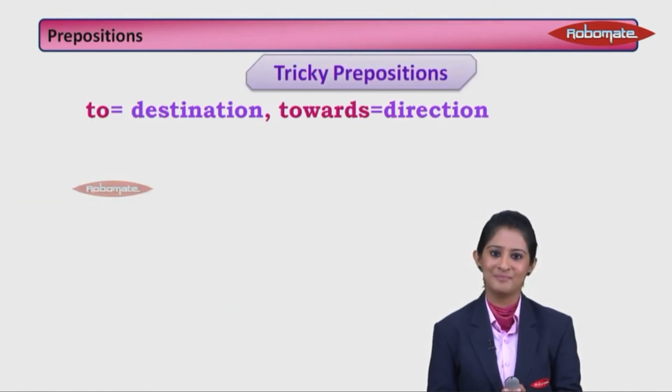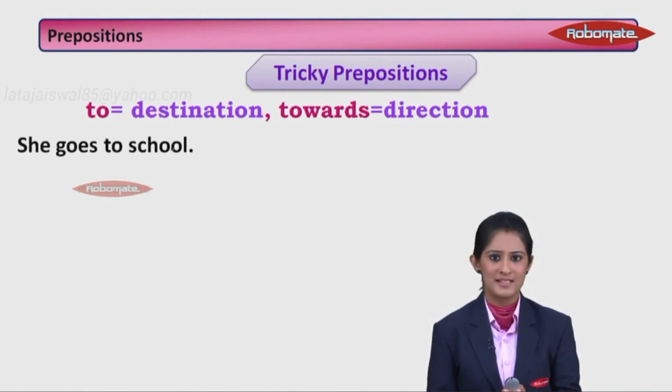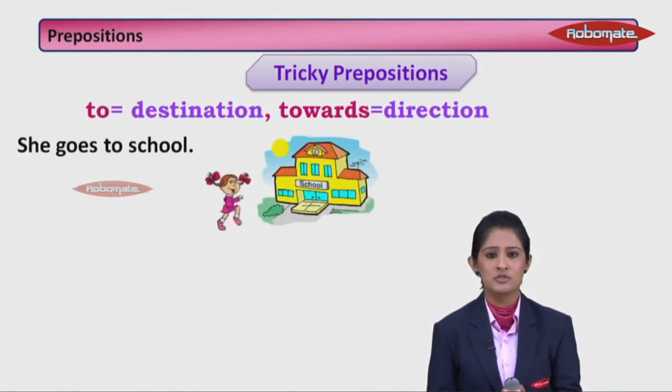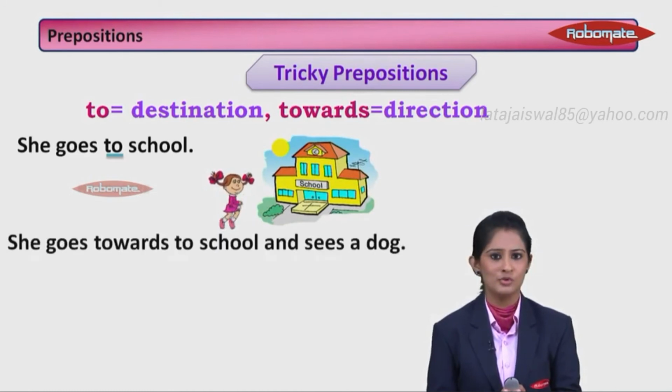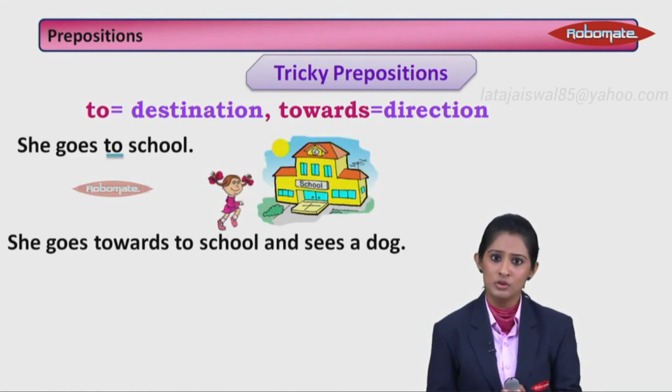The next one. To is used for destination and the word towards is used for direction. For example, she goes to school and here the destination is school. She goes towards the school and sees a dog.